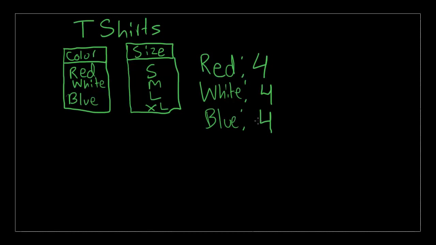It's available in all 4 sizes. So, there are 12 possible combinations of color and size. And that is choice B. I forgot to write number 3 at the edge over here. That was number 3. Okay.